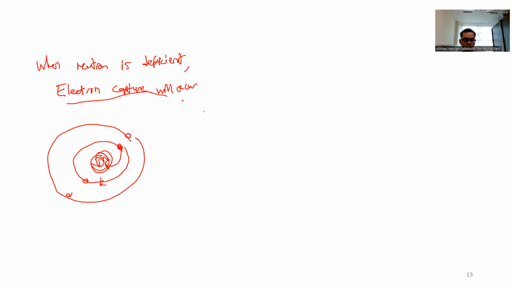So it is captured by the nucleus and combined with a proton. So the electron combined with a proton from the nucleus, forming a neutron and a neutrino.